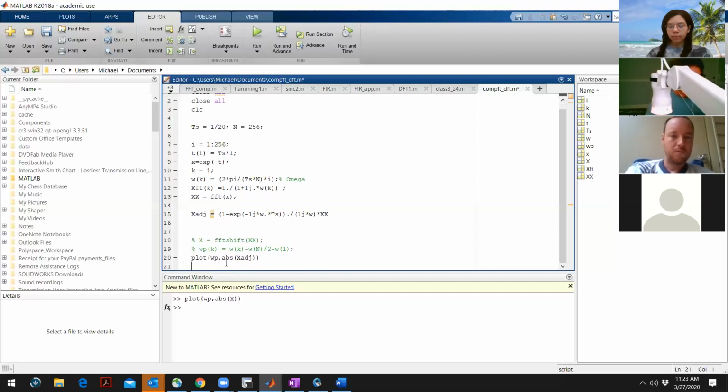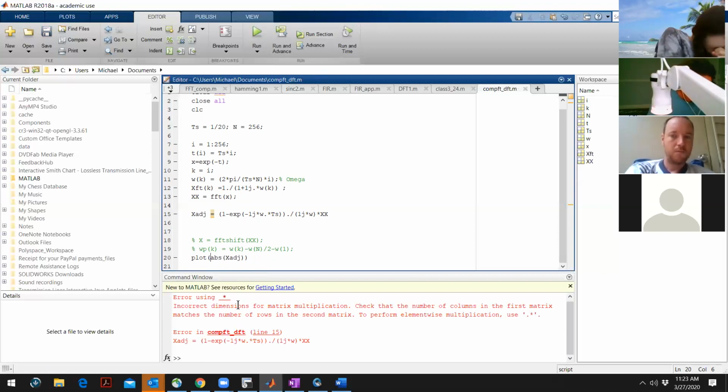Let me take the raw frequency out first. If I just plot this, okay, where's the error? Should it be omega of k?